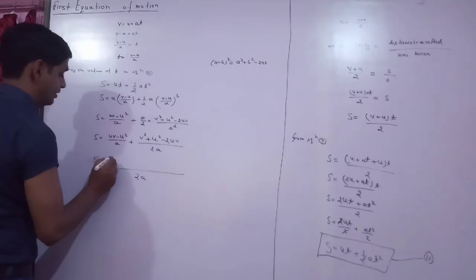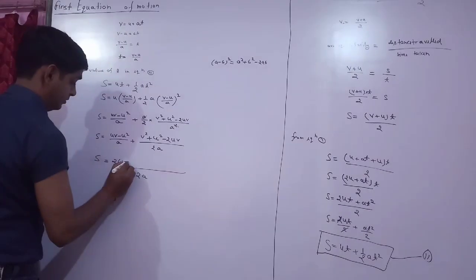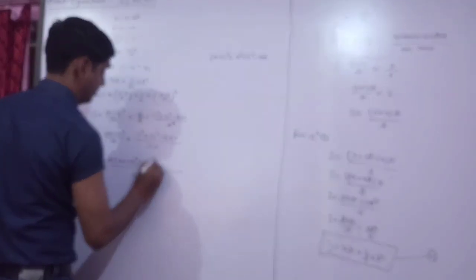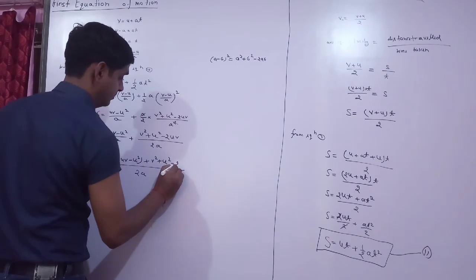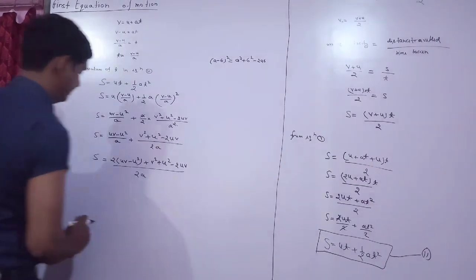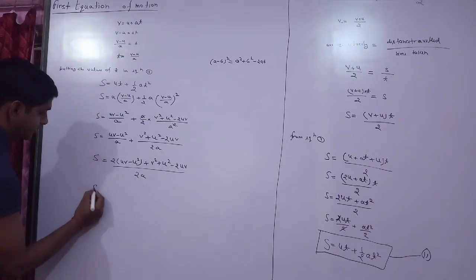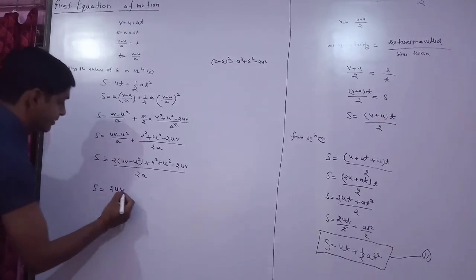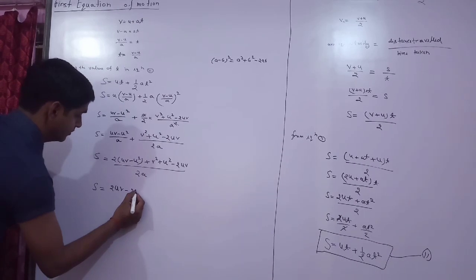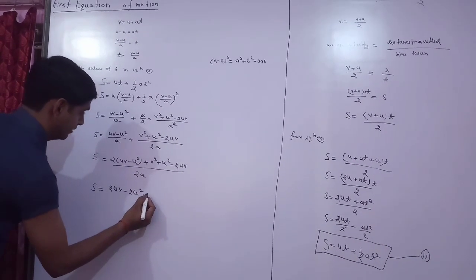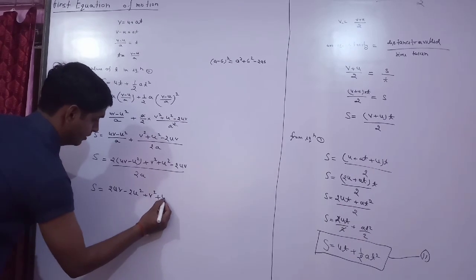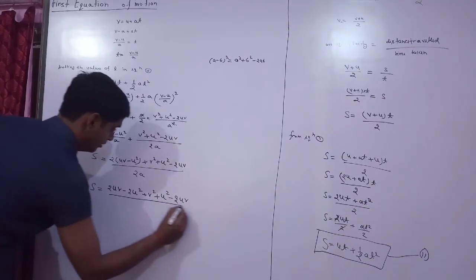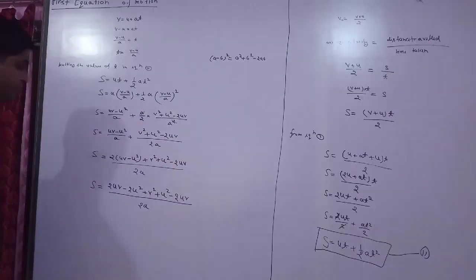Then 2uv minus 2u square plus v square plus u square minus 2uv upon 2a.